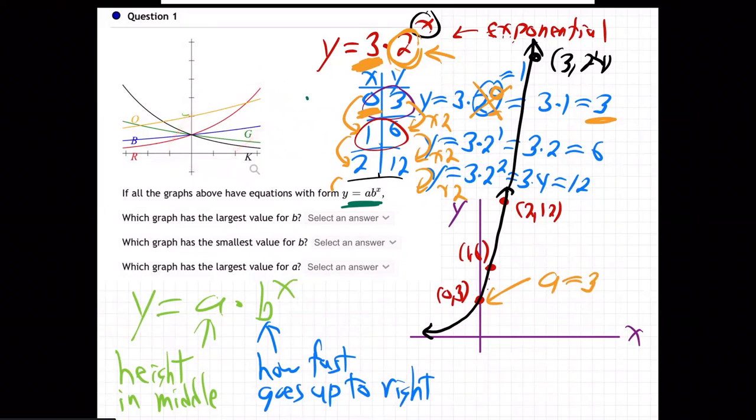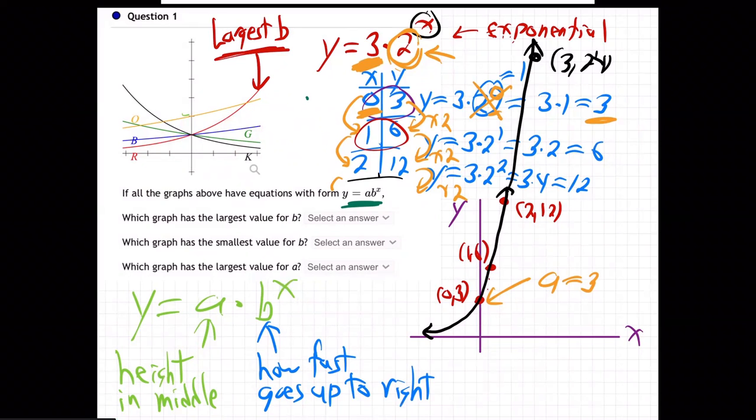The red one, right? This red one. See, he's going up, up, up, up. He's way ahead of the blue one. That makes sense? See how he's already getting steeper and steeper? So that red one right there has the largest B value, because he's going up the fastest. See how he's already higher than the other ones?